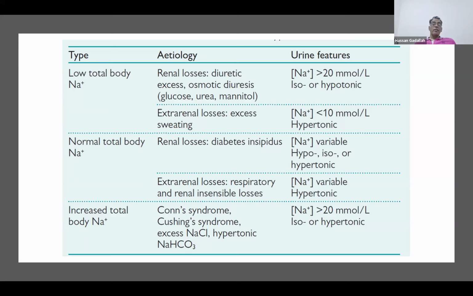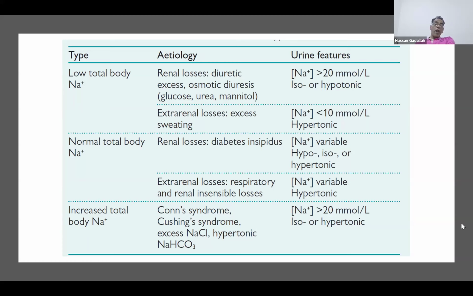It happens that this net water deficit occurs in conditions of low total body sodium, normal total body sodium, or increased total body sodium. From this, we can go to the differential diagnosis of the underlying condition behind the hypernatremia.